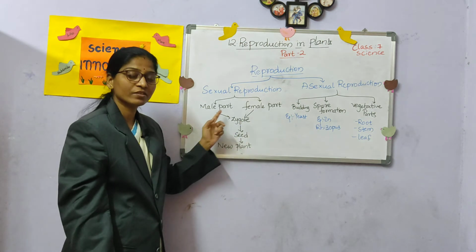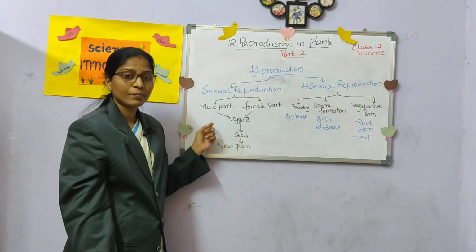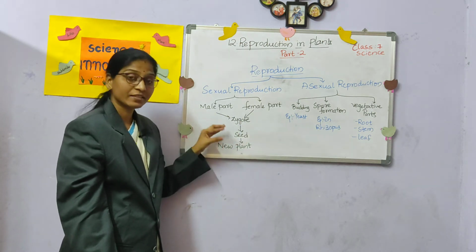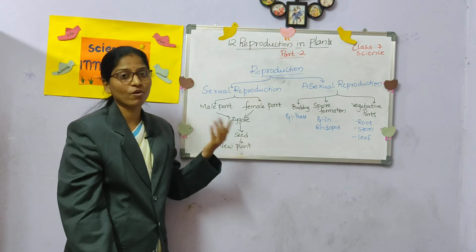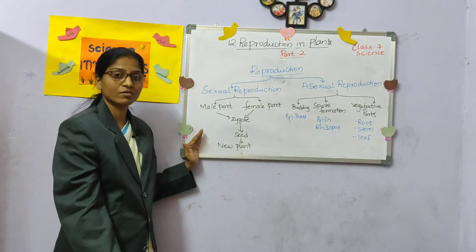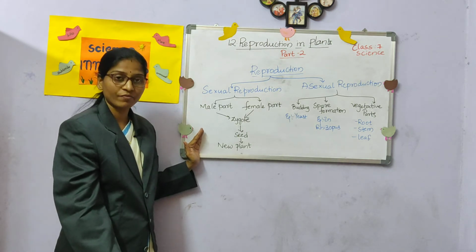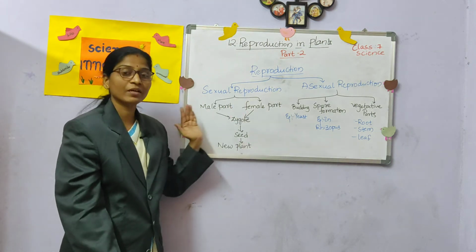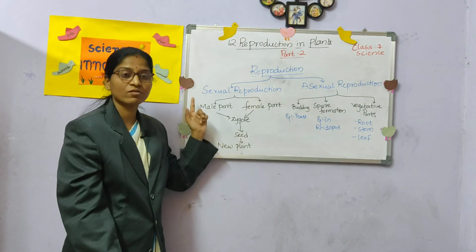This zygote, after the formation, will produce the seeds, and these seeds will form the new plant. So this complete process is called sexual reproduction, where the male and female are involved.